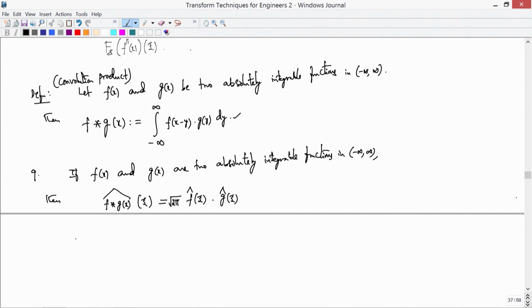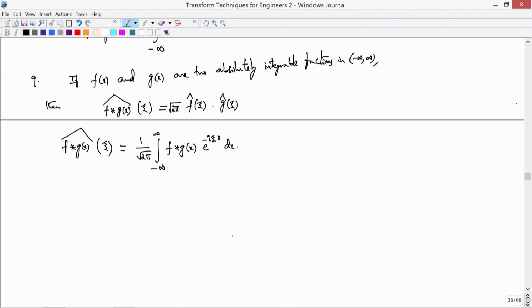So, what you have to do is take the LHS, that is f star g of x, for which you take the Fourier transform. By definition, this is 1 by root 2 pi times the integral from minus infinity to infinity of f star g of x into e power minus i xi x dx, where xi belongs to the real numbers.